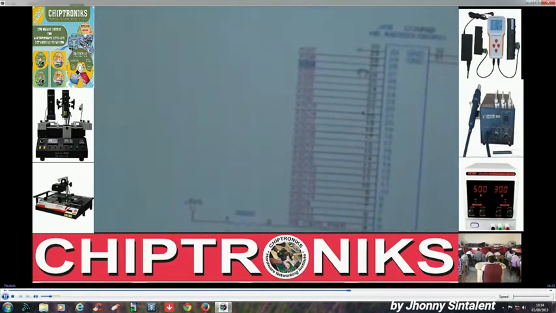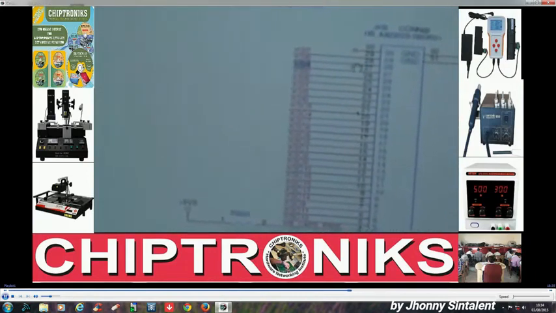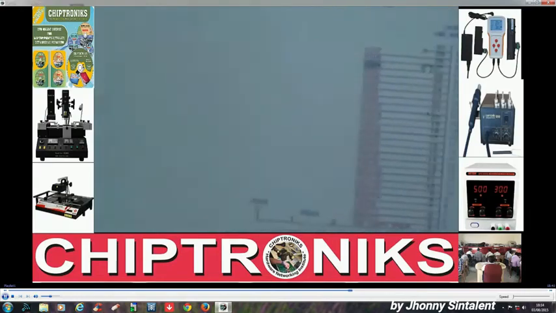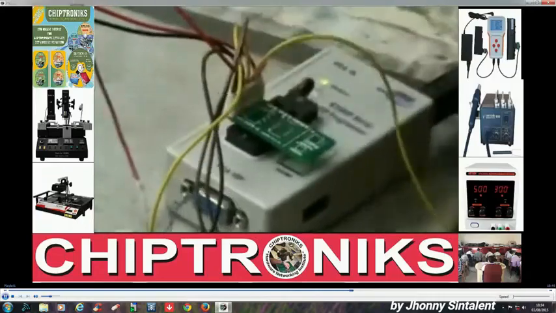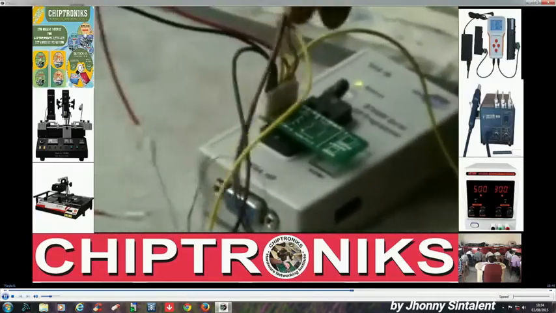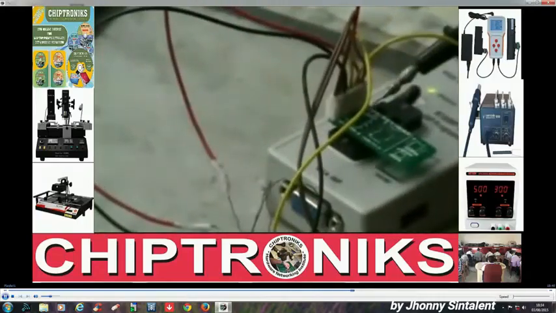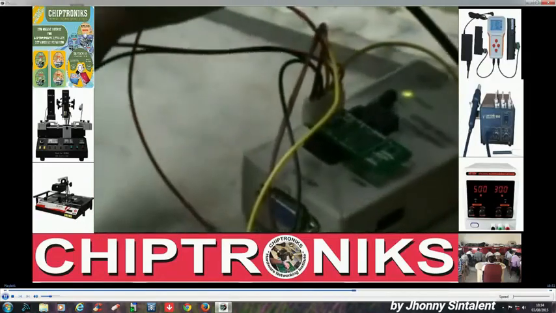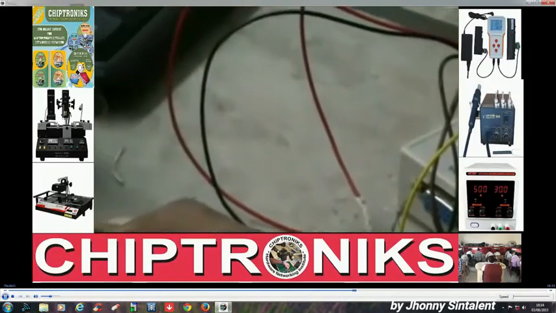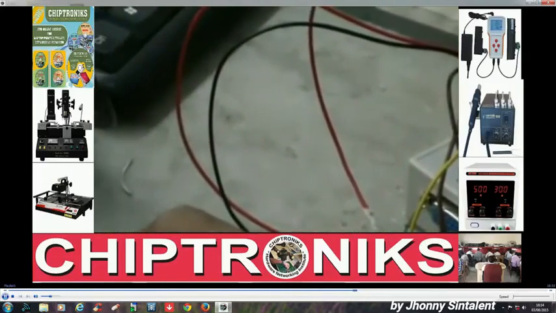So we are connecting pin number 27 of the keyboard connector with pin number 1 here. What we have to do is connect pin number 1 of this ISP module, that is chip select, with pin number 27 of the keyboard connector. Why 27 of the keyboard connector?